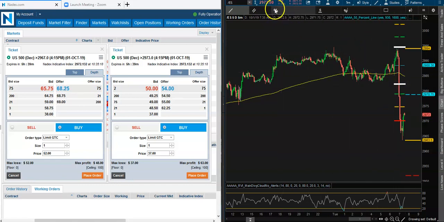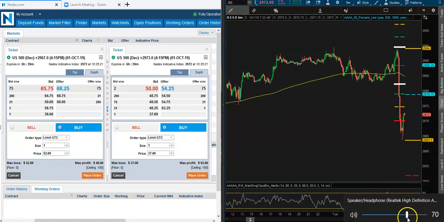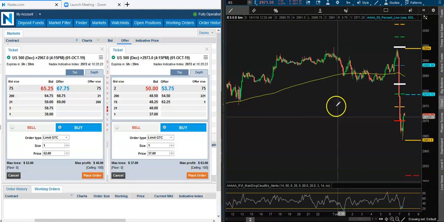And I see we are getting closer to 2973. Correct. So right now when we were 2972, we were 51 by 56, I believe it said. And see right here under bid size, the reason it's so tight, the bid ask, is because somebody's bidding too.